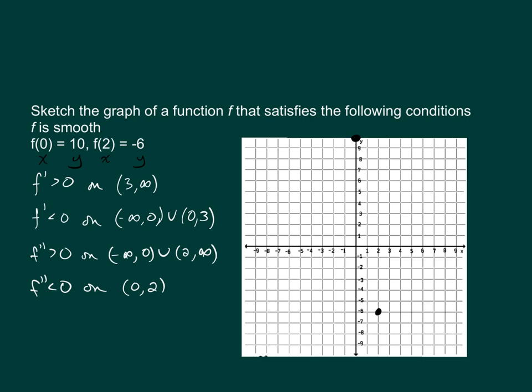Since the derivative goes from negative to positive, the function goes from decreasing to increasing, meaning there is a relative minimum at x equals 3. I want to put that point a little below this one, because it has to be lower than the points to the left and right of it.